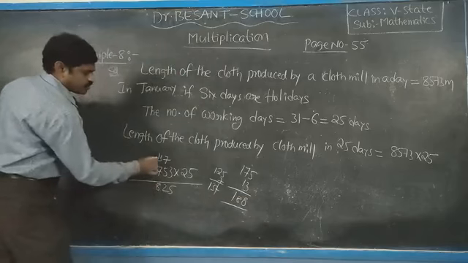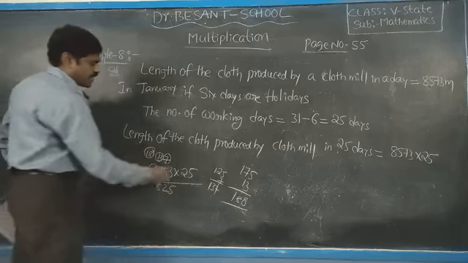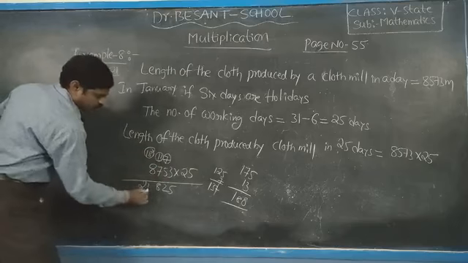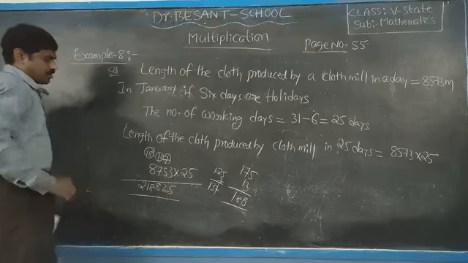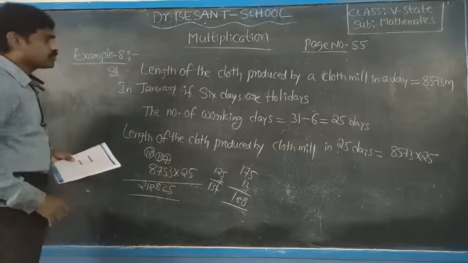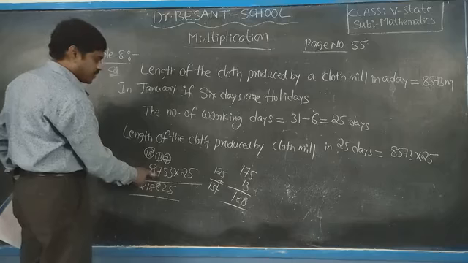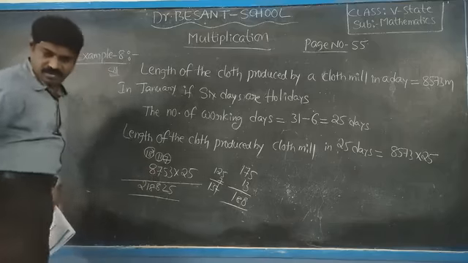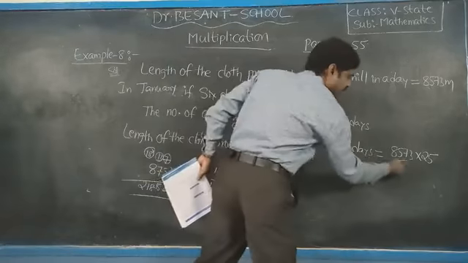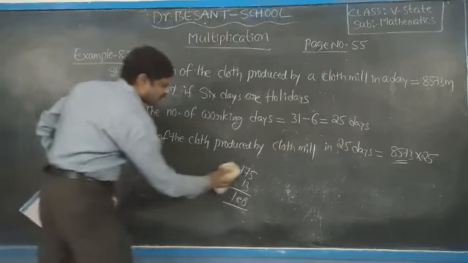So next, 18. 25 8s are 200. 218. Okay, the multiplication we did is 8, 7, 5, not 5, 7. So this multiplication we have to change. So 7 5 we did, 5 7 we'll do.